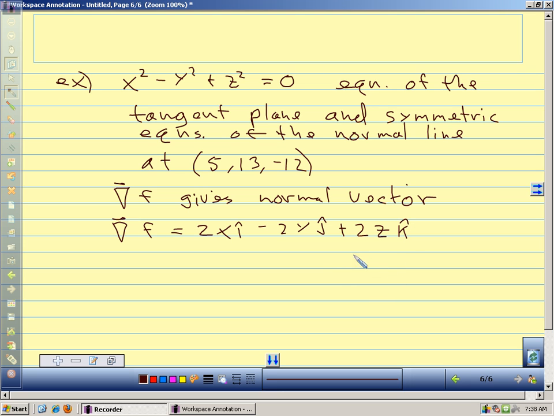And at 5, 13, negative 12, del f is going to give us 10i minus 26j minus 24k.